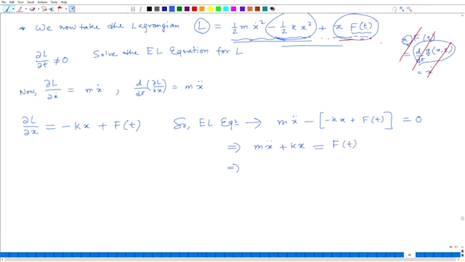I can again divide the whole thing by m, and let me ask you whether you can recognize this equation. So, this equation is nothing but the equation of a forced harmonic oscillator without any damping.